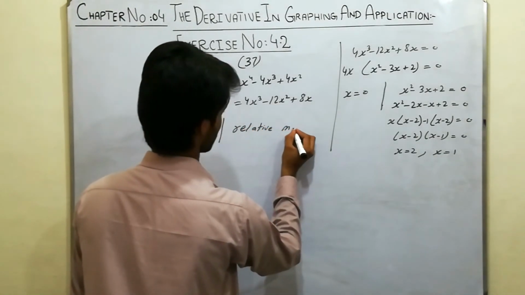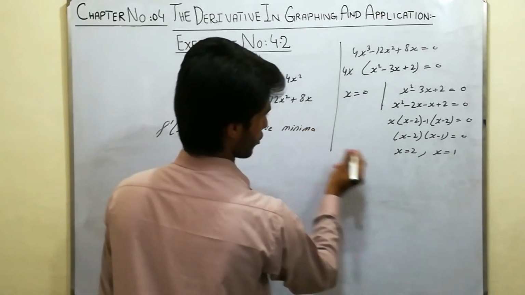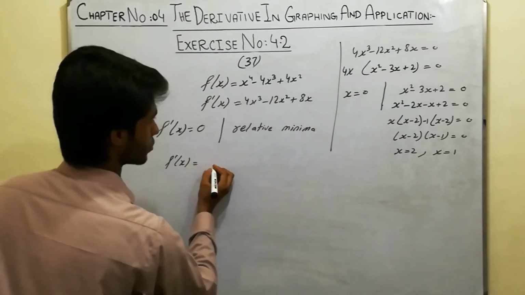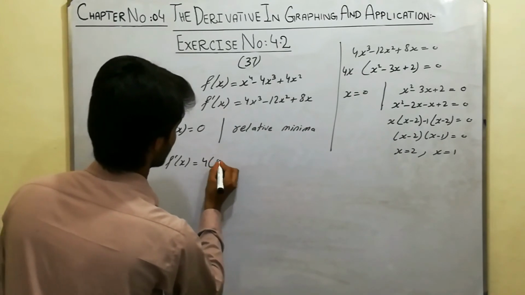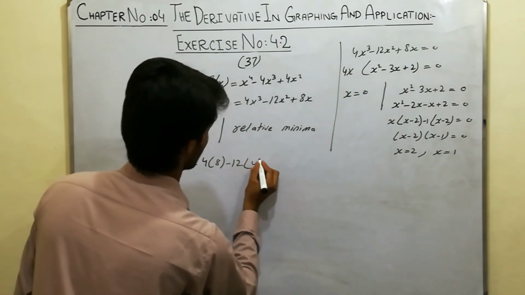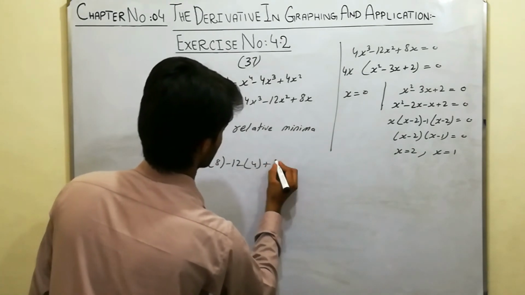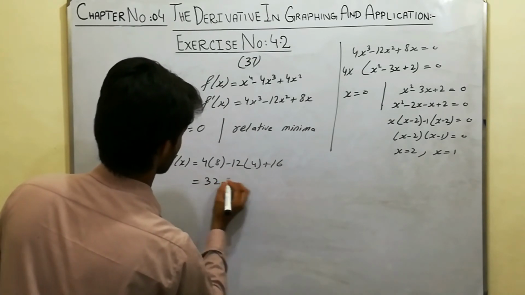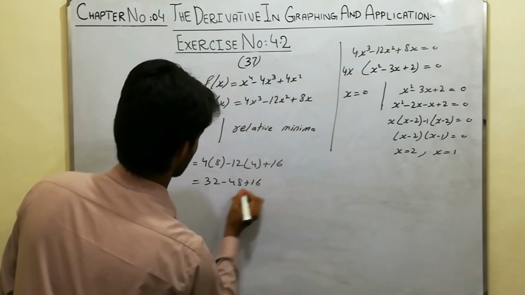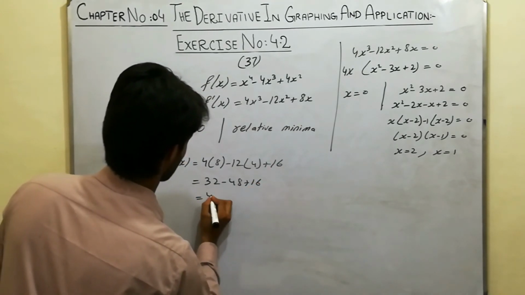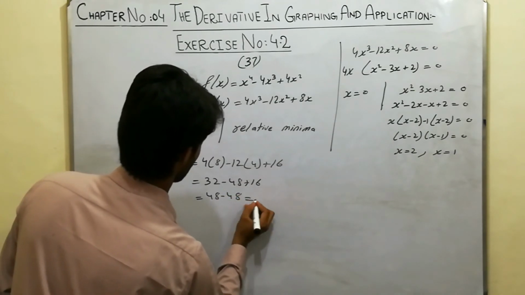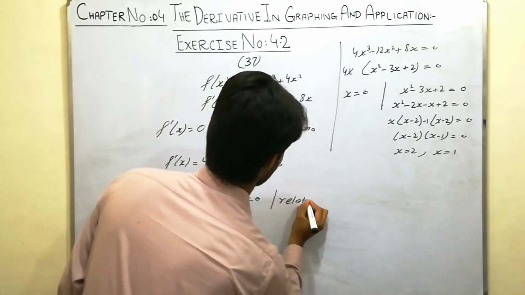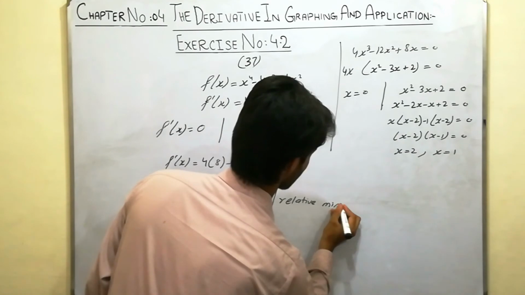Now x is equal to 2, when we put x is equal to 2 in the derivative, we have 16, a positive value, so at x is equal to 2 there is a relative minima.